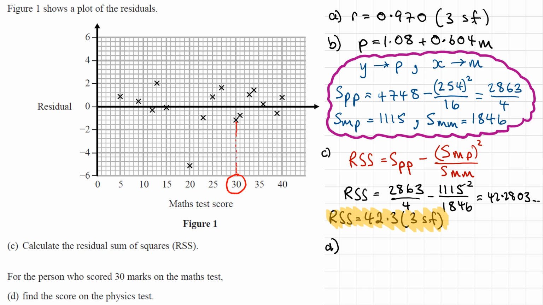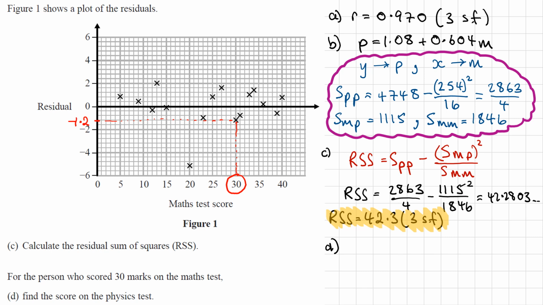This cross here represents their residual, and we'll read off what that residual is over here. So it's going to be this value. We've got 2 divided up into 5 squares, so each square is worth 2 over 5 or 0.4. It's got 0.4, 0.8, 1.2, so that'll be negative 1.2 as the residual for the person that scored 30 on their maths test.